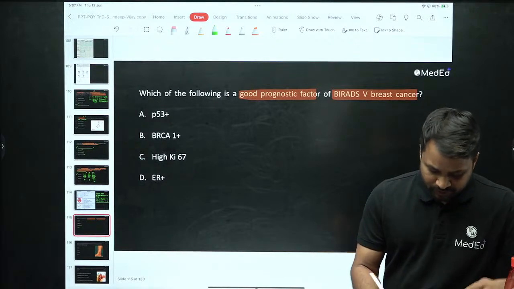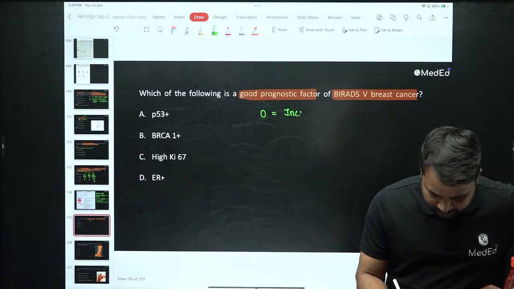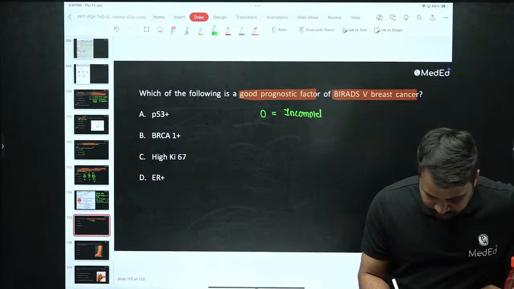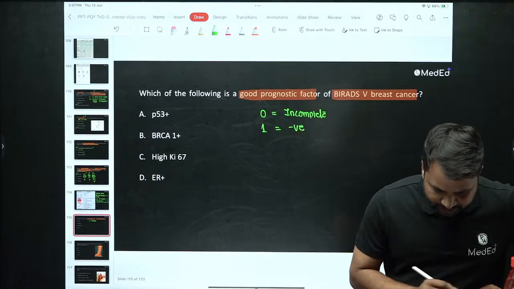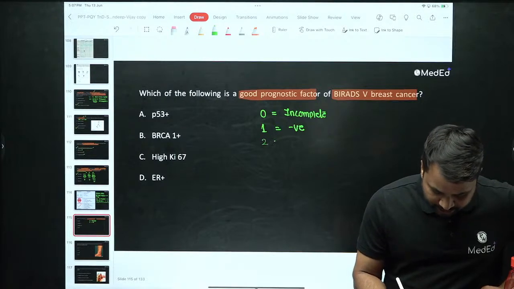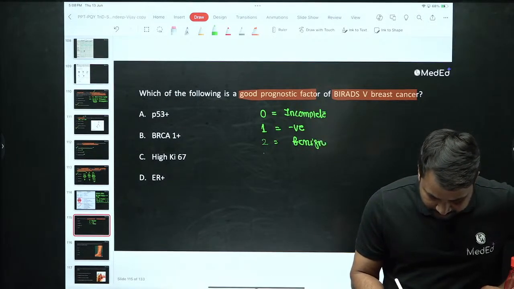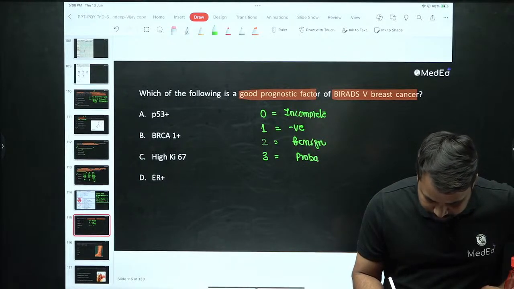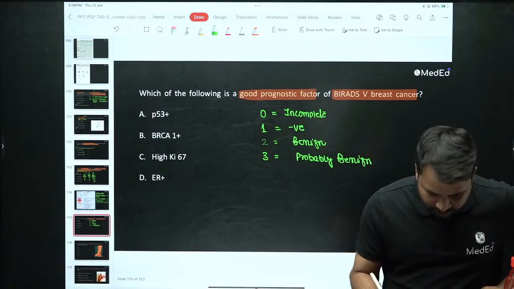quite simple. We have BI-RADS category 0, which is incomplete assessment. Category 1 is negative, there is no lesion. Category 2 is benign. Category 3 is probably benign.